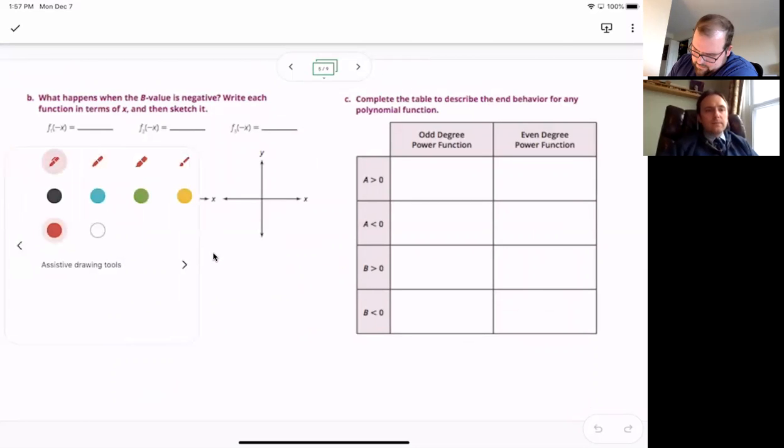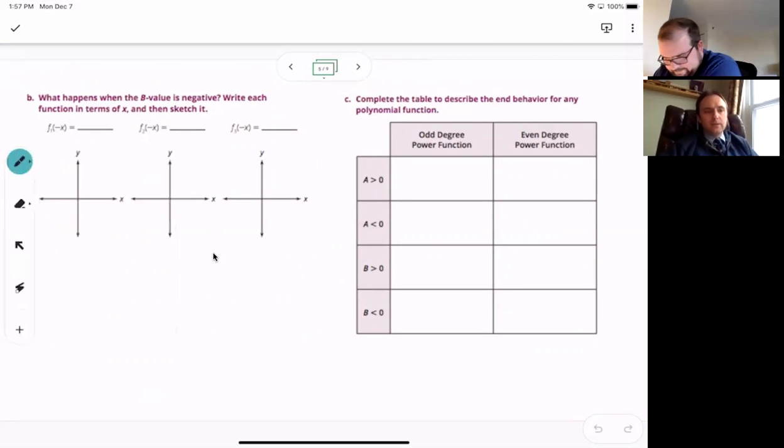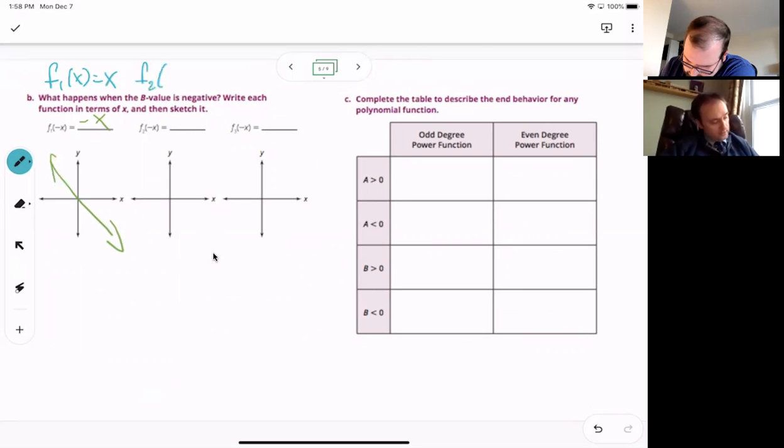All right. What happens when the b value is negative? So f1 was x. So if I plug in negative x, I get negative x. f2 was x squared. So if I do negative x squared, well, that's the same thing as x squared.